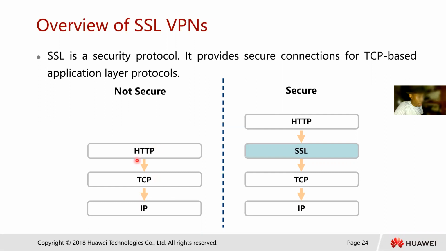Look at the normal HTTP. It goes from HTTP to TCP to IP. But looking at it in a secure way, HTTP, then SSL, which stands for Secure Sockets Layer, then TCP, then IP. Now that is where you usually have HTTPS.